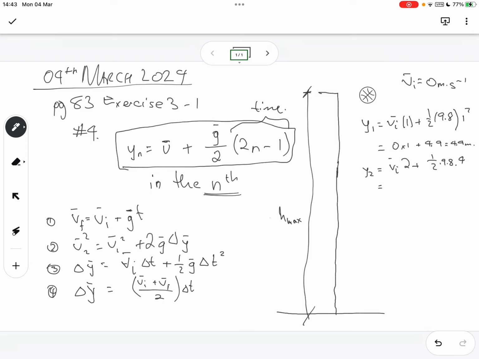vi times 2 plus a half times 9.8 times 4, which is 2 vi plus 19.6. Okay, is there a common difference?